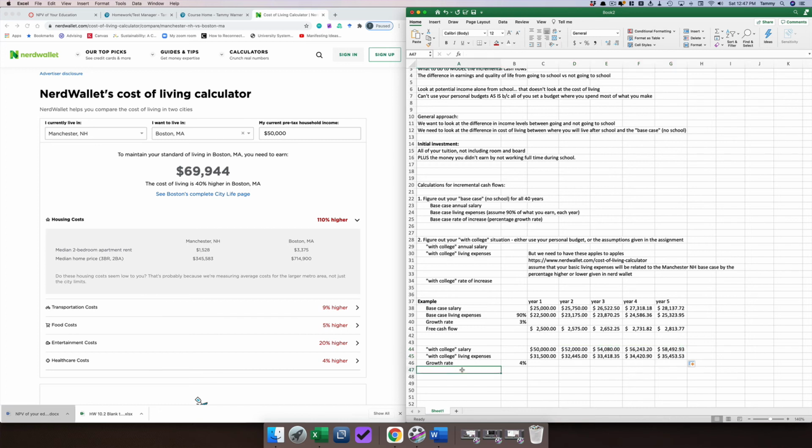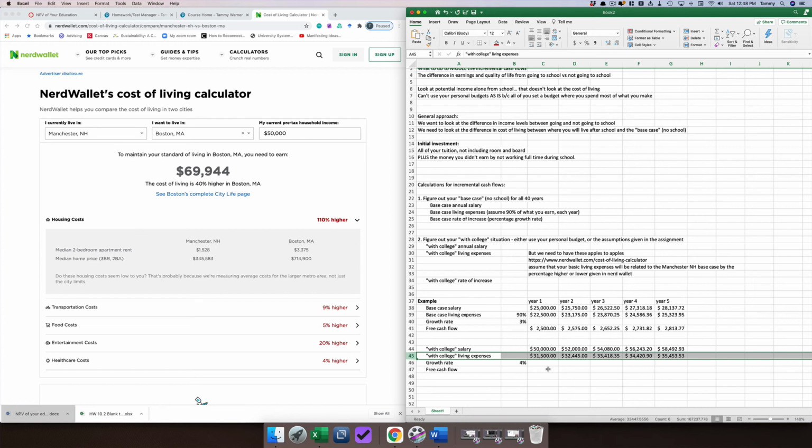And then we have a free cash flow. And because our base case living expenses did not include any repayment of student loans, we don't have to deal with the fact that we're not repaying student loans in this with college living expenses, because we've kind of disregarded them.